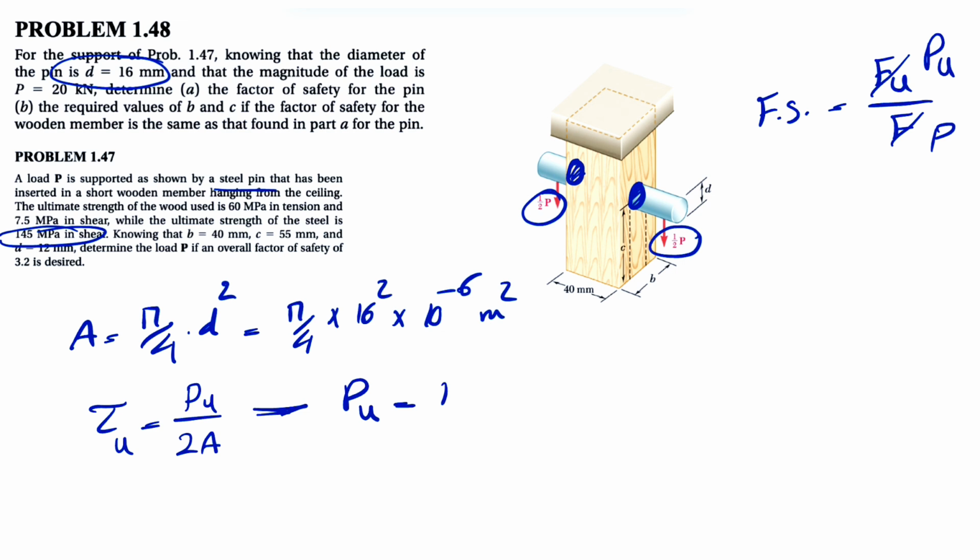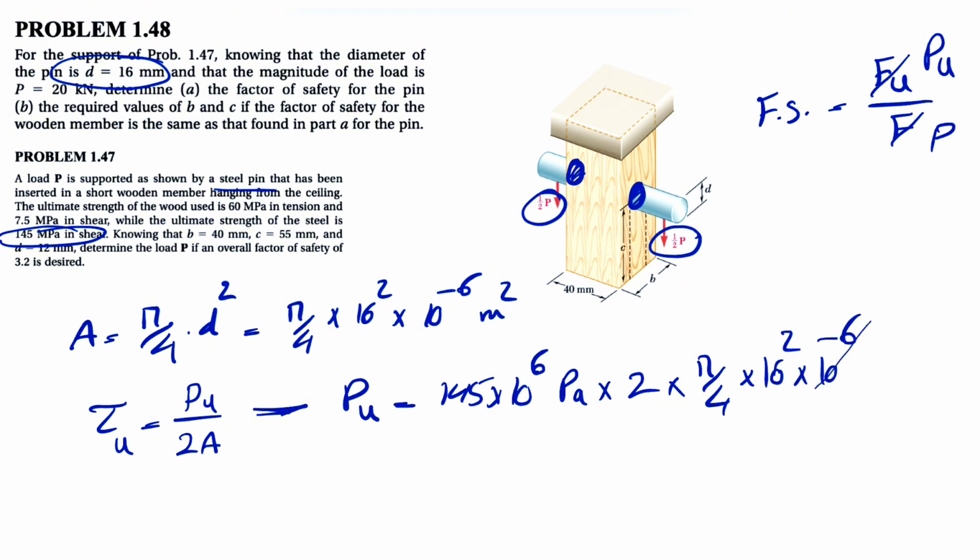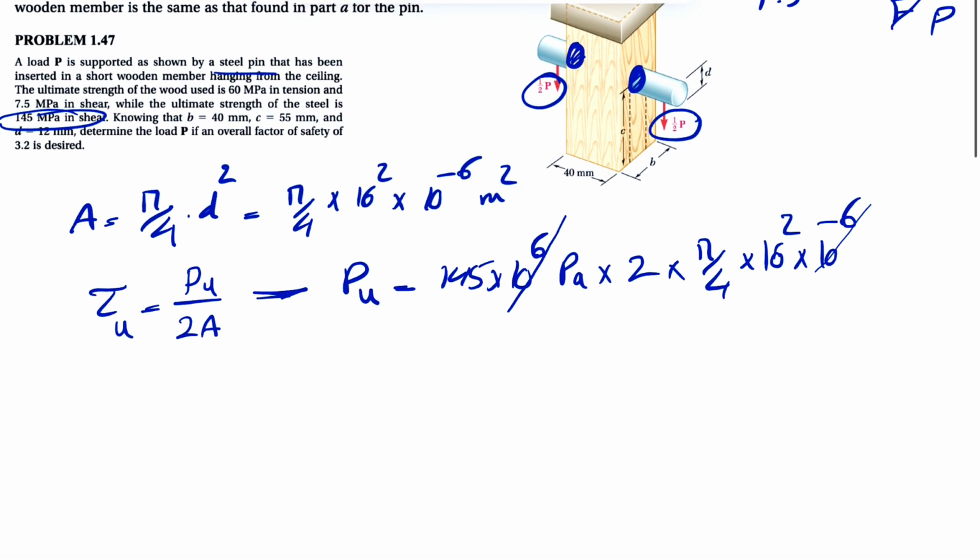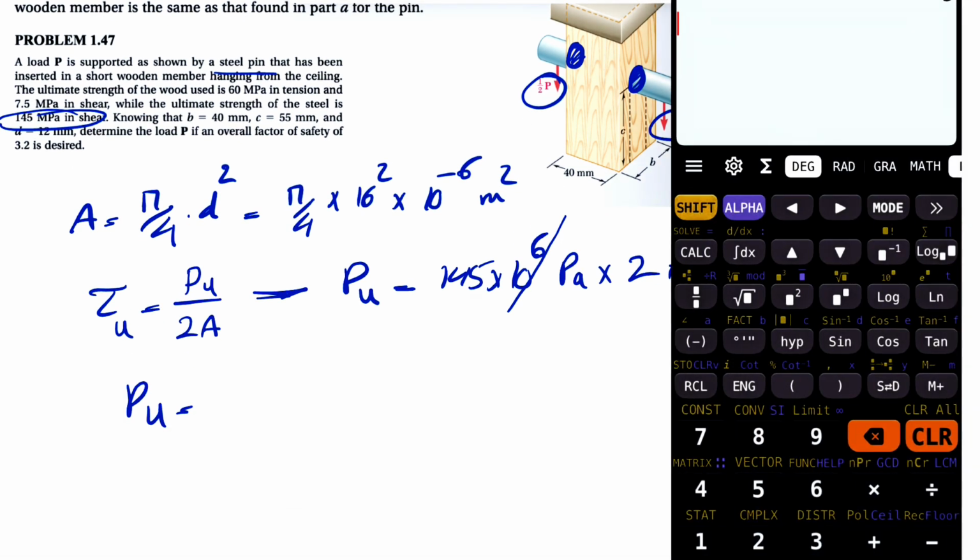So we have 145 megapascal, or 145 times 10 to the 6 pascal, times 2 times the area, pi over 4 times 16 squared times 10 to the minus 6. These two will cancel out, and we can find the ultimate P in here pretty easily.